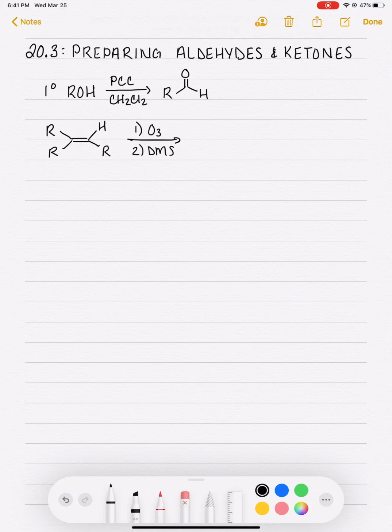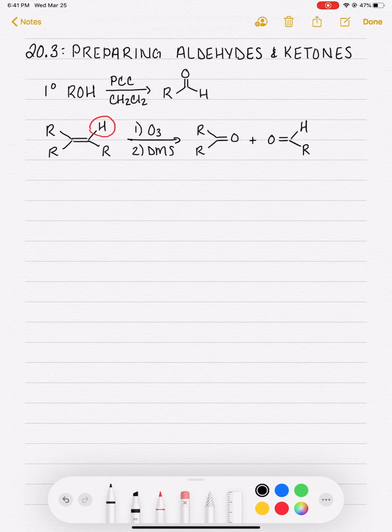If your alkene has at least one hydrogen on the double bond, then one of the products of that ozonolysis will be an aldehyde. If you don't have any hydrogens on the double bond, then your products will be ketones. So the ozonolysis of an alkene makes either aldehydes or ketones, or both aldehydes and ketones.